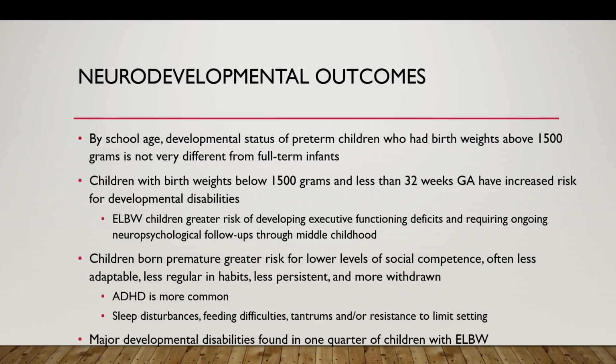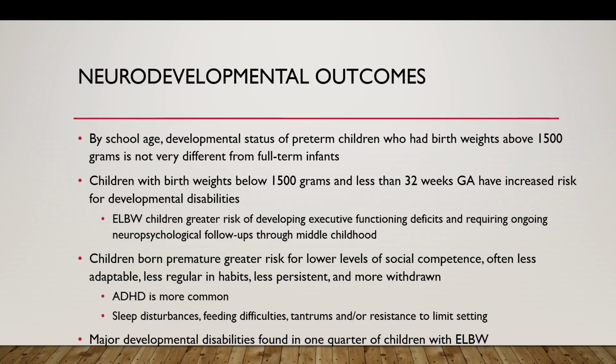Extremely low birth weight children are at greater risk of developing executive functioning deficits and may require ongoing neuropsychological follow-ups throughout middle childhood. Children that are born premature have a greater risk for lower levels of social competence.